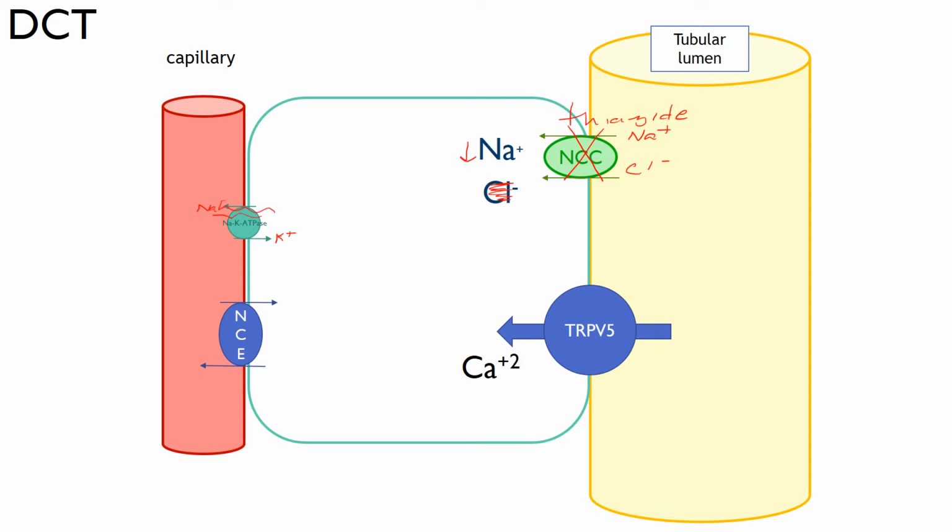I'm going to put some wavy lines through this because it's diminished since we have less sodium inside the cell to pull from. If we have less sodium inside the cell to pull from, then essentially there is a smaller proportion of sodium ions at this location in the peritubular capillary.